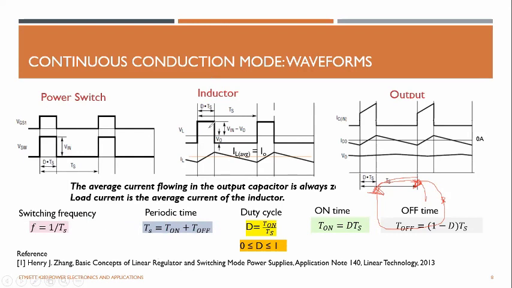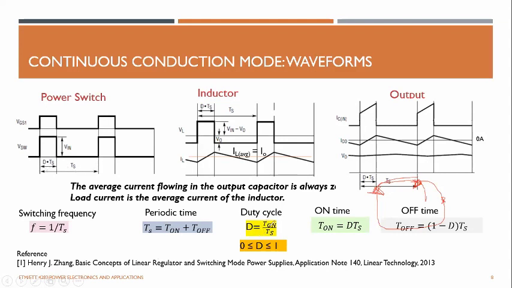When we come back to the inductor, when the inductor is turned on for the charging phase, right, before that, I will show you the duty cycle. What is meant by duty cycle? Duty cycle is the ratio between the turn on time and the periodic time, right?